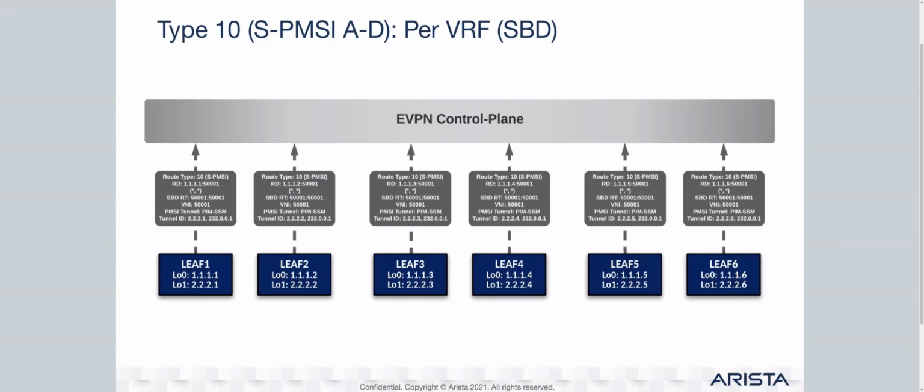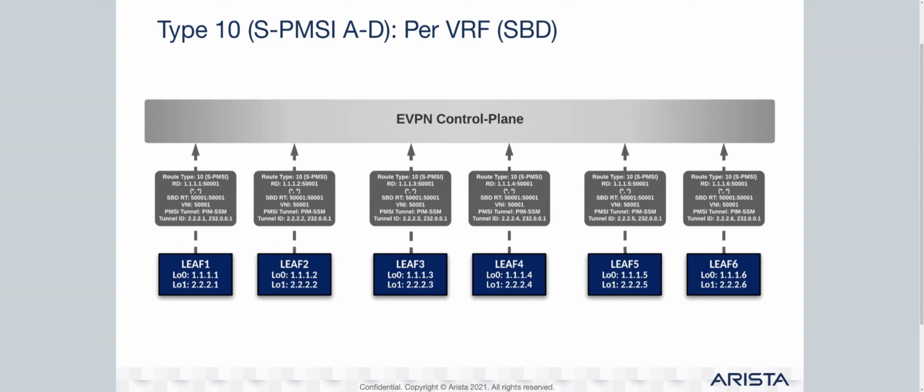Once that happens, and we have the group mapping under the VXLAN interface, then they generate the type 10 route and say, all right, well, for this particular VRF, so whatever VRF is mapped to this particular route target, in this case VRF-A, anybody sending to anything in this VRF, I'm going to VXLAN encap that multicast feed, and I'm going to send it out to this group in the underlay.